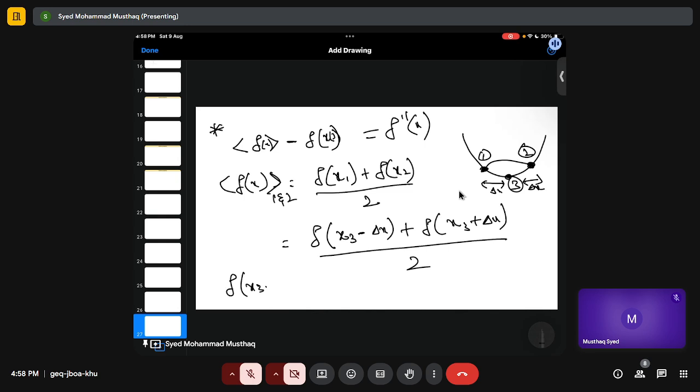x3 minus delta x will be equal to f of x3 minus f dash of x3 dx plus f double derivative of x3 dx upon 2 factorial, and there are other terms.